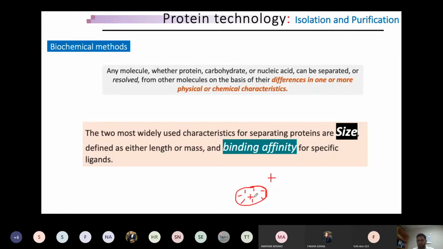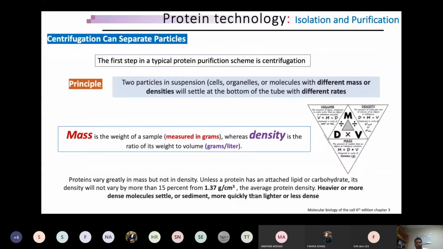Of course, we are not sure that this protein will be of your interest, but we are pretty sure that if all the positively charged proteins in the cell are present, they could be held in this container, and your protein will be one of them. So this is how we normally do things. You have a characteristic, for example a binding affinity, and you take this binding affinity to separate those proteins.